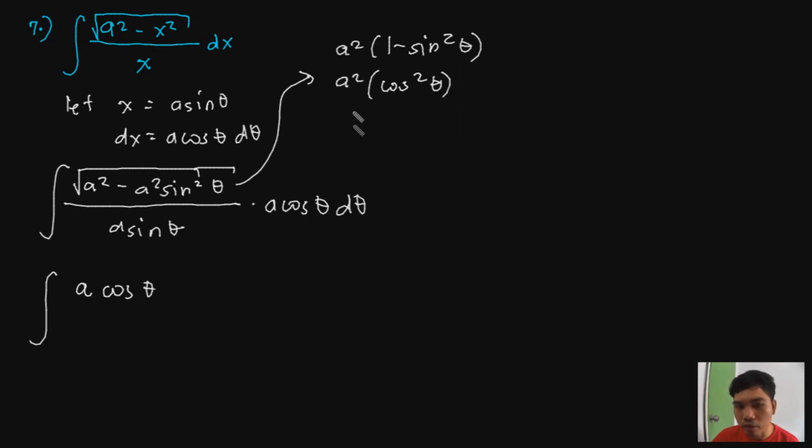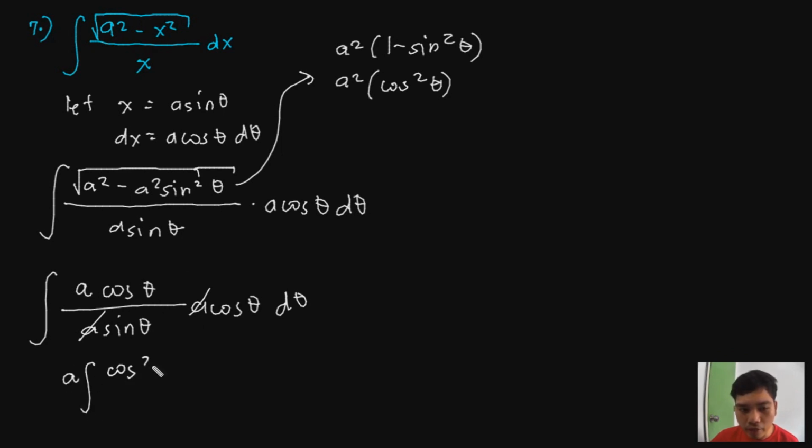So you just take the root of that and you'll be able to get this. So we can just cancel out yung a dito para hindi na tayo maguluhan. So we'll be left with a cosine squared theta over sine theta d theta.